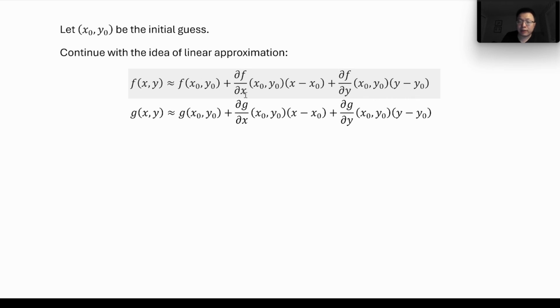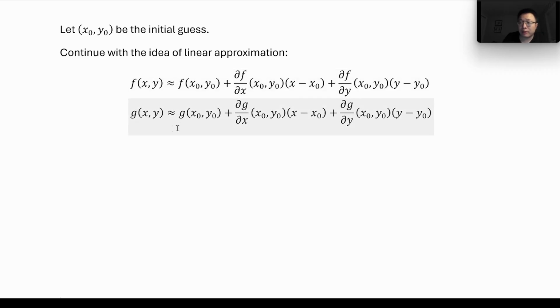And here, on the right-hand side, instead of just having one derivative compared to the scalar case, we have two partial derivatives. And the right-hand side is, in fact, the equation of the tangent plane to the graph of the function f of x, y.